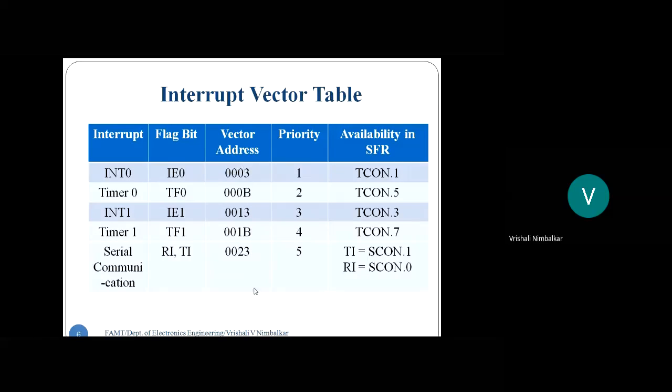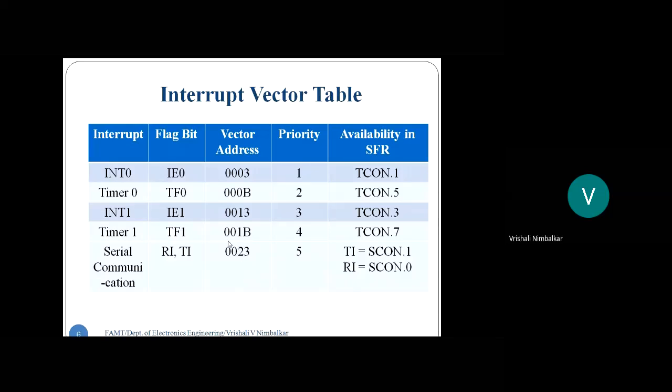That means whenever the respective interrupt arrives, these addresses get automatically loaded into the program counter. Correct? Whenever these interrupts arrive, the microcontroller will start executing the program written at these addresses 03, 0B, 13, 1B and 23 hex. Is that okay?